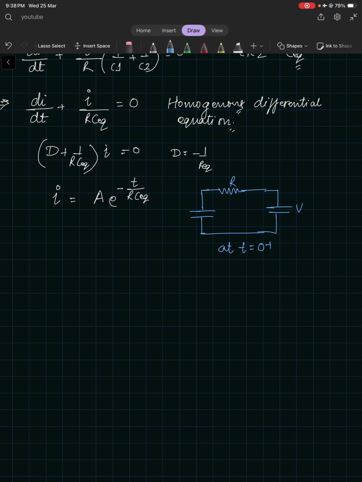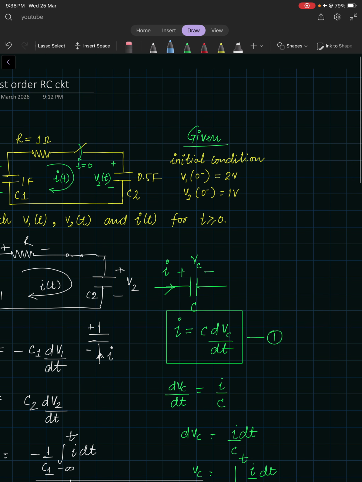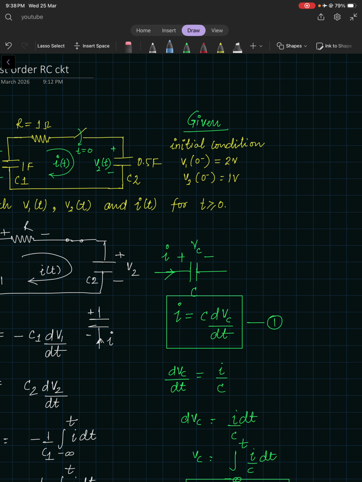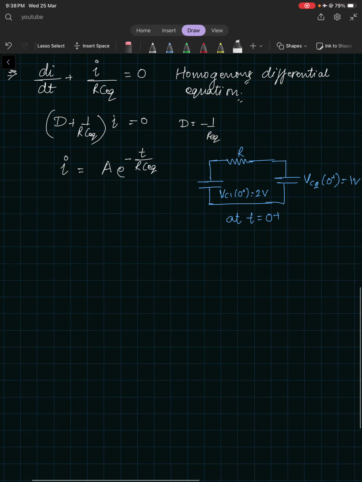So here VC2 at 0 plus will be 1 volt, and VC1 at 0 plus is equal to 2 volts. Why am I writing 2 volts and 1 volt? Because it is given that V2 was 1 volt and V1 initially was 2 volts, right?